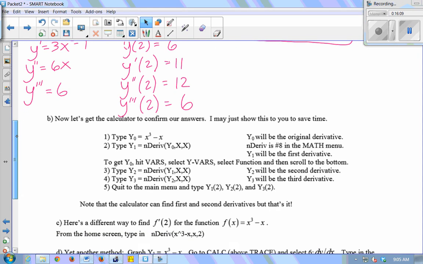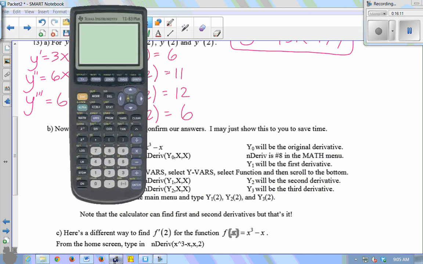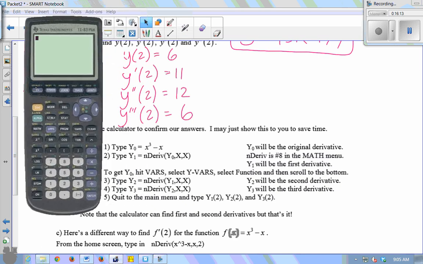All right, so in the calculator, I'm going to go to y equals, clear anything that's there. And I'm going to scroll all the way to the bottom to y0. That's going to be my original y function. The only reason I'm putting it there is because then y1 will be y prime, y2 will be y double prime, and y3 will be y triple prime.